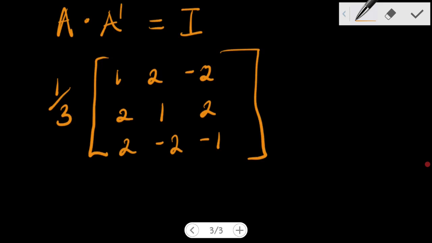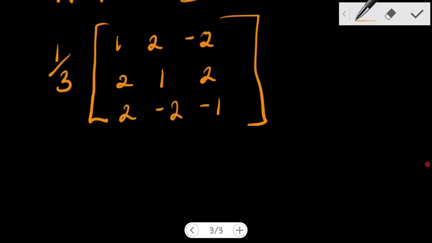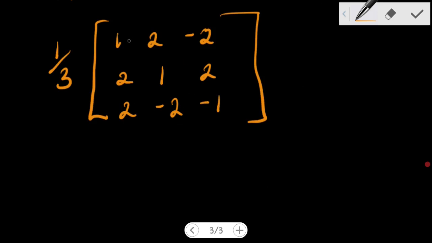Now let's find out. Let's get the transpose of this. Remember, transposing means we change rows into columns or columns into rows. Either way, it still comes out.